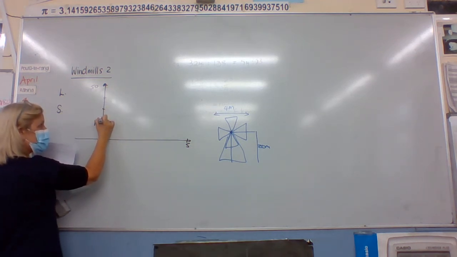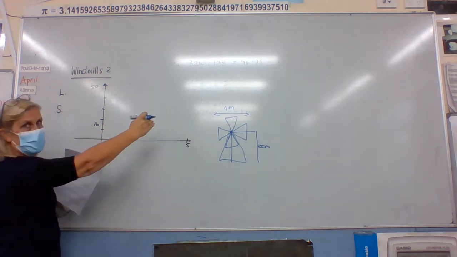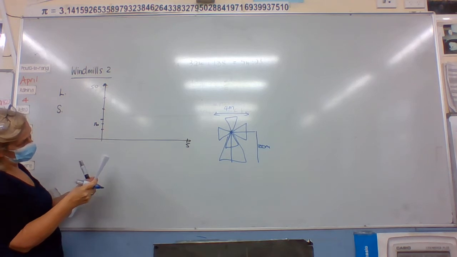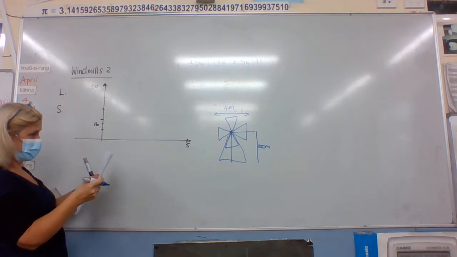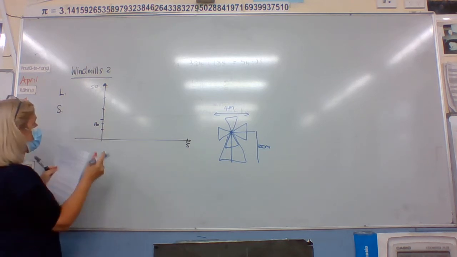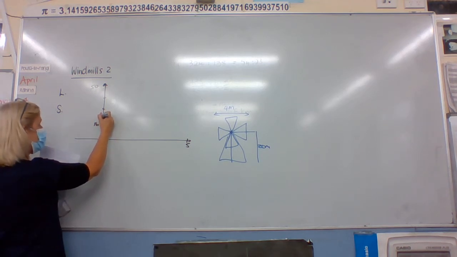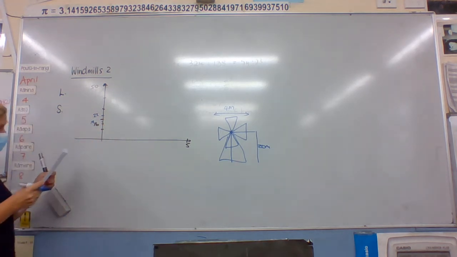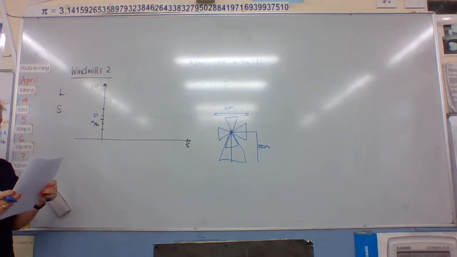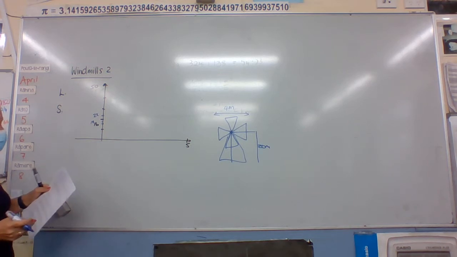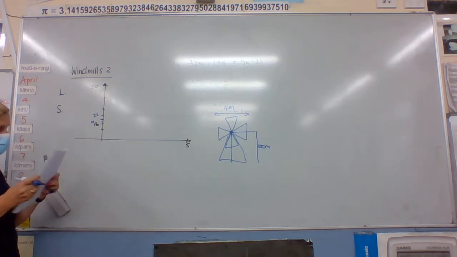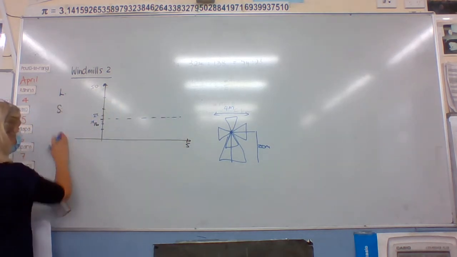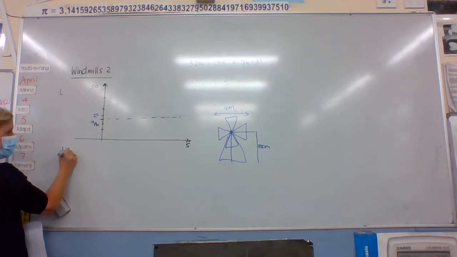So 20 metres is the middle of this one, and then the top is going to be 2 metres above 20, so 22, and 18. All right, so they're quite wickedly different. It really is a small one. So that's the middle of this one.